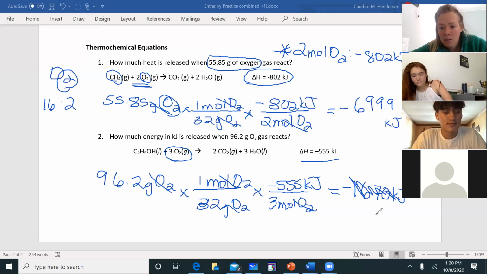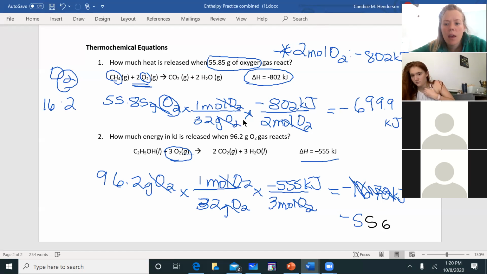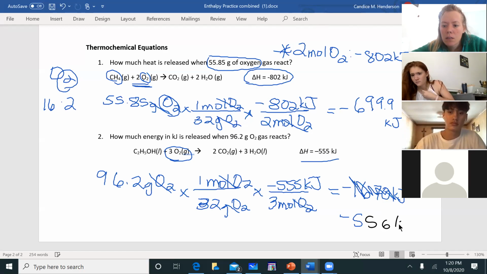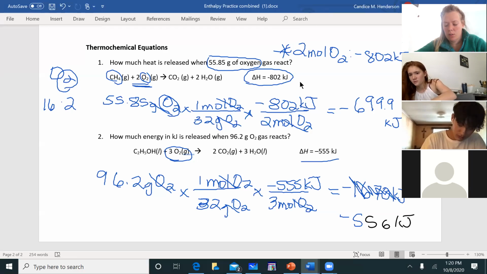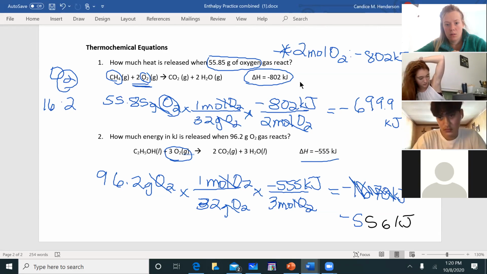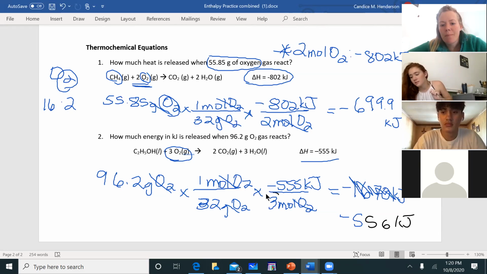That's all me. -556 kilojoules. And then this one, let me just double check. Because I got -6. Oh wait, never mind. I did get that. That one was right. The second one was wrong. Yeah, make sure you're using all the numbers that you put into your dimensional analysis.